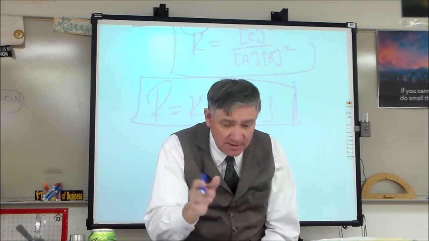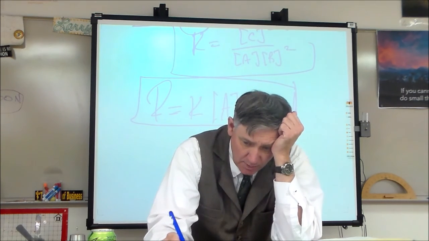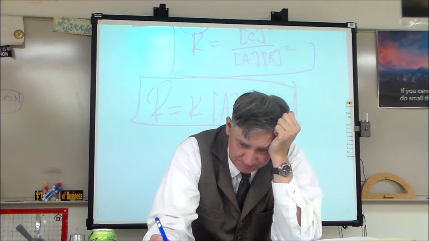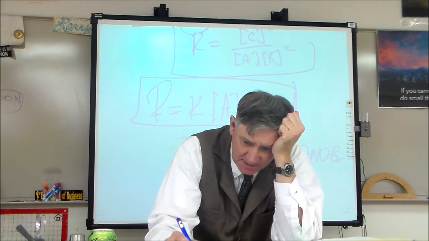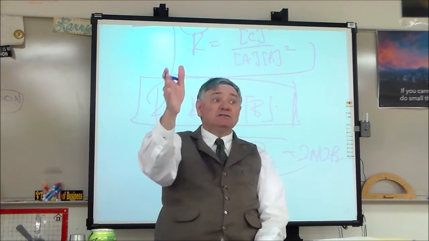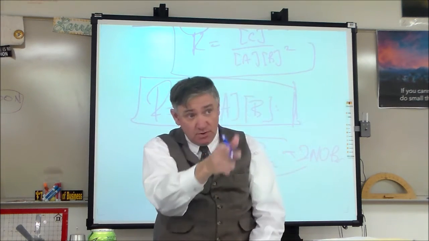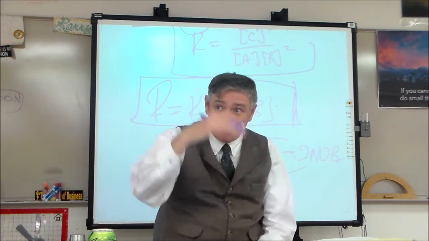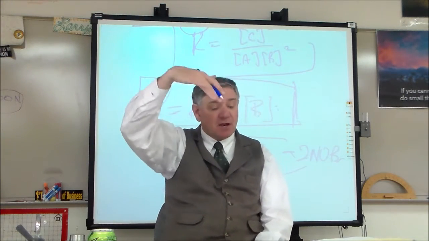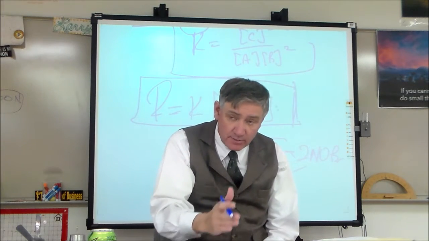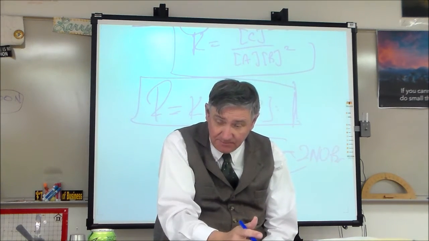Now, when you get to the next one, where you have 2 nitrogen monoxides and Br2 turning into 2 NOBr, in this situation, it is second order with respect to the nitrogen monoxide. So that 2 then actually does match up. Oh, we're going to square that. So in this one, what you should see is that it's second order with respect to the nitrogen monoxide.